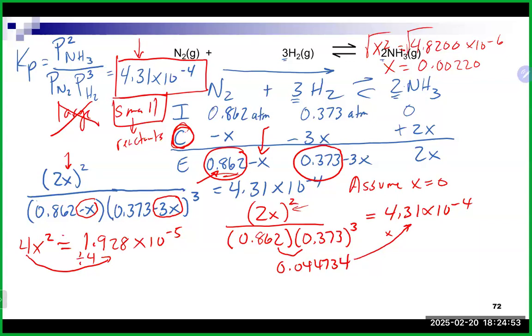Any questions on any of that? Yeah. So if at the end, and obviously with the previous one as well, depending on where you round, you might get a slightly different answer. It shouldn't be extremely different.